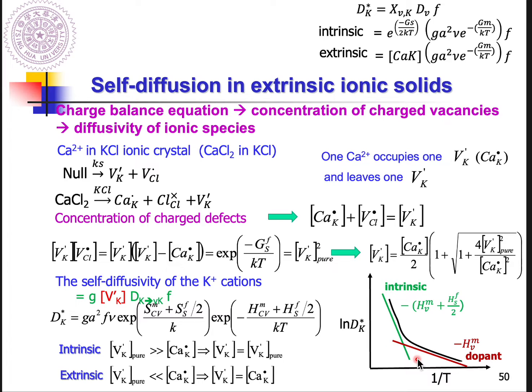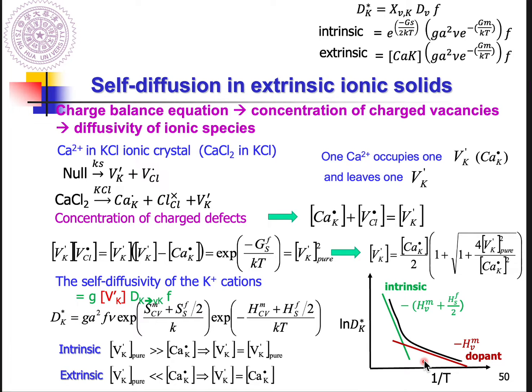And as you decrease the temperature to the lower temperature region, the diffusivity of this ionic material will be dominated by extrinsic properties, which means it will be dominated by the concentration of the dopant you dope in these ionic materials. So this is all the story about this.